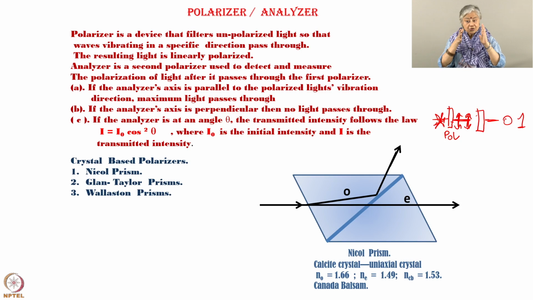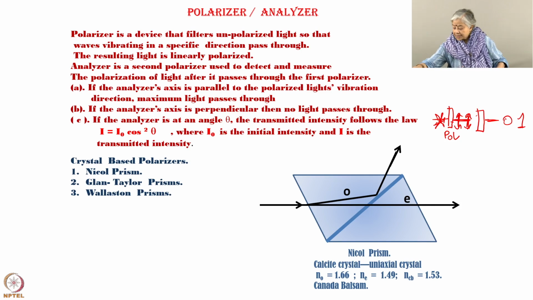So when it becomes 0, that time the analyzer is perpendicular to the direction of the polarizer. So you can actually see, if it is visible light, that the light has become 0. And if it is IR, infrared or UV, there are polarizers, and you have a detector to measure.